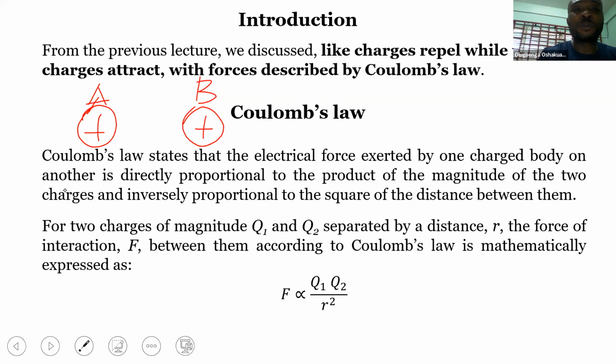That depends on the product of the charge of A and the charge of B. So when the charges on A or B increase, the force with which they push each other away will increase.